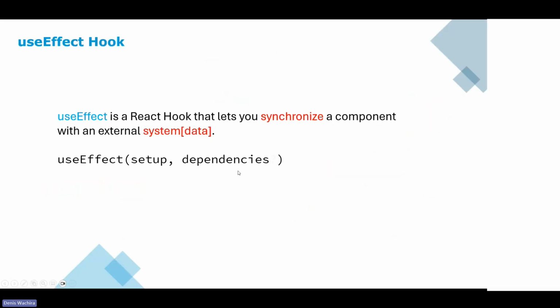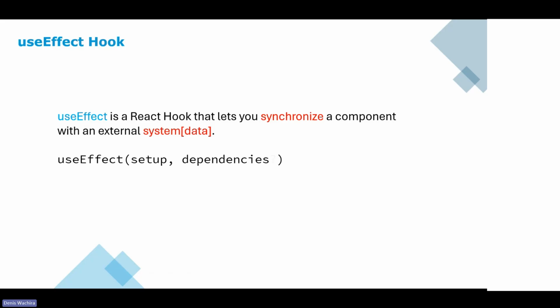The dependencies are in array format and make sure your useEffect runs only when it's required, not just keep on running every time, but especially when there is a change in the variable you are using.